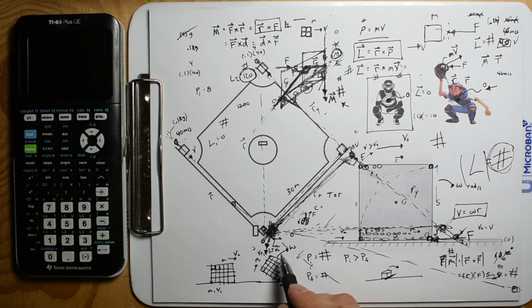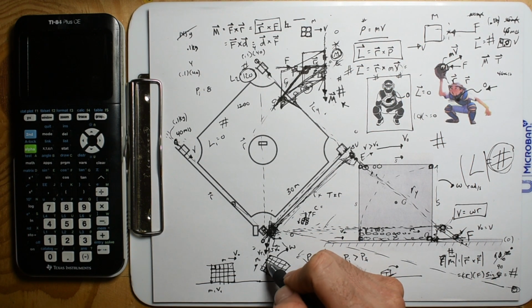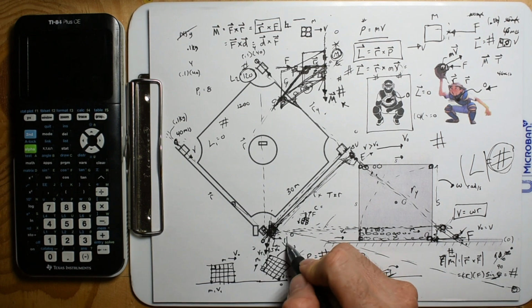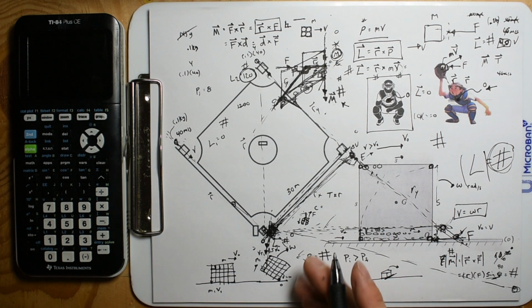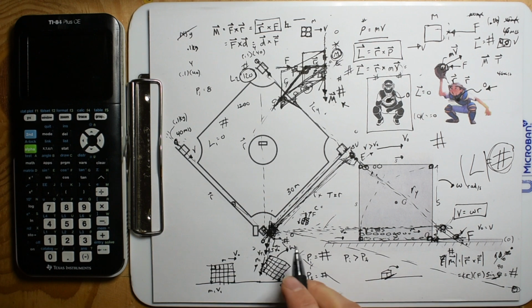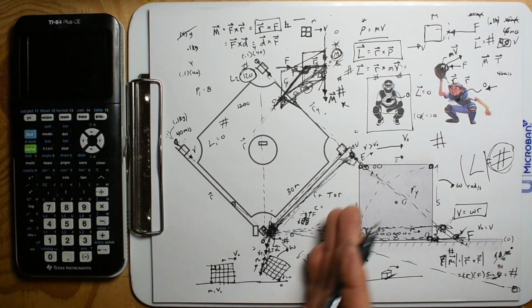So the same thing with angular momentum. This is the axis down, and it has a number. And if you want to apply a torque, you're going to have to apply, probably opposing, an R cross F.